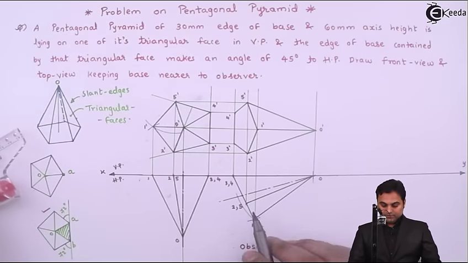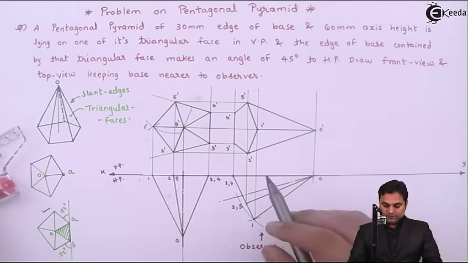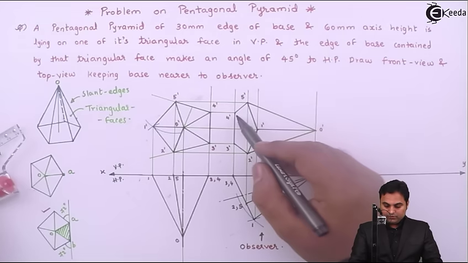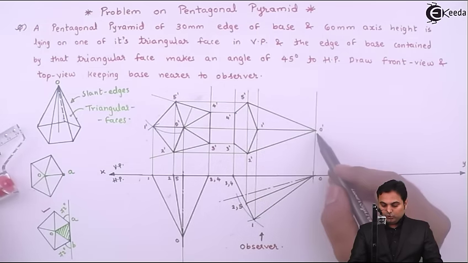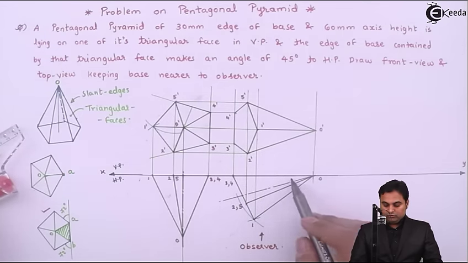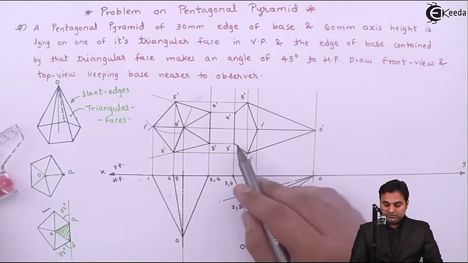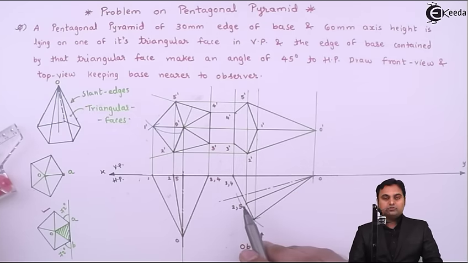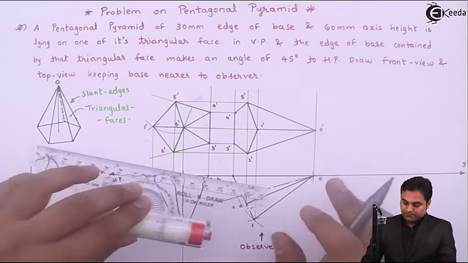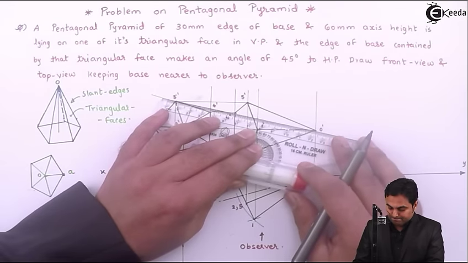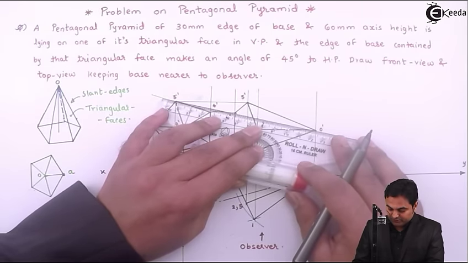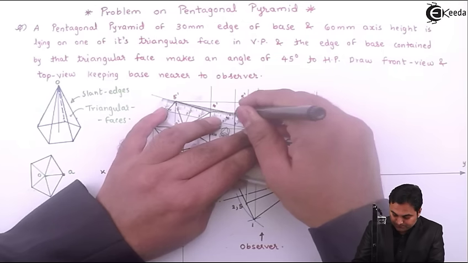Next, after this, the edge 4 dash to O dash, that will be hidden, going far away from observer. Similarly, O dash to 3 dash, that will also be hidden. So drawing them with dotted line.